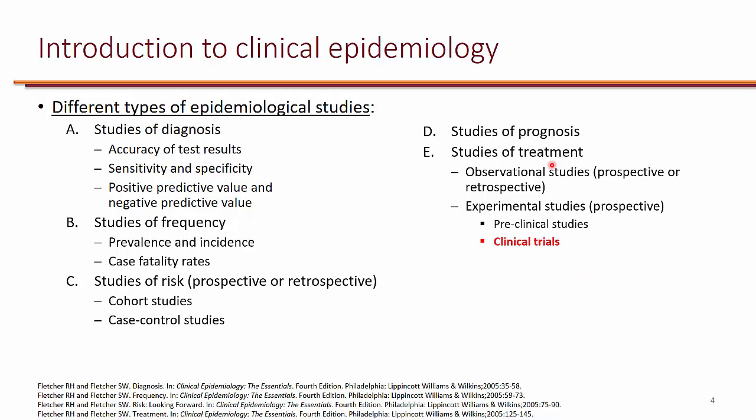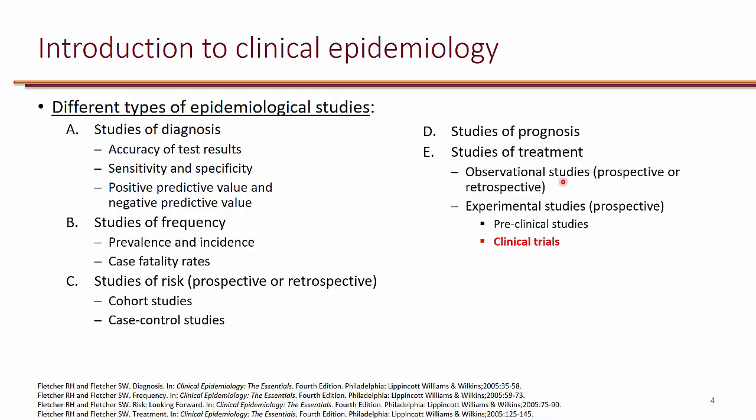And in general, there are two types of treatment studies. There are observational studies. So when you have observational studies, you're not really intervening. You basically have patients in your study and you just observe them. And then you can actually have experimental studies where you actually intervene with a specific drug and see how the patients respond to that intervention.